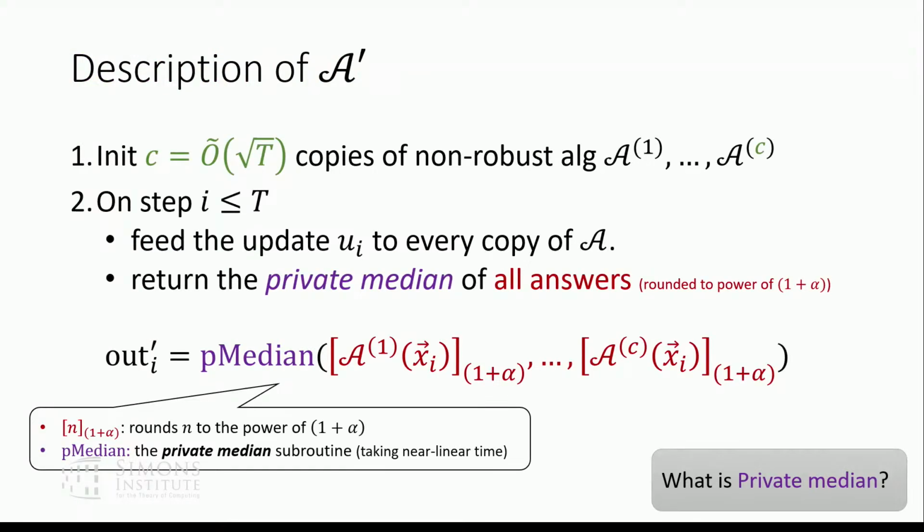So that's the description. But now we want to see what does it even mean here, private median? And this is going to be about differential privacy. So let me tell you what it is.